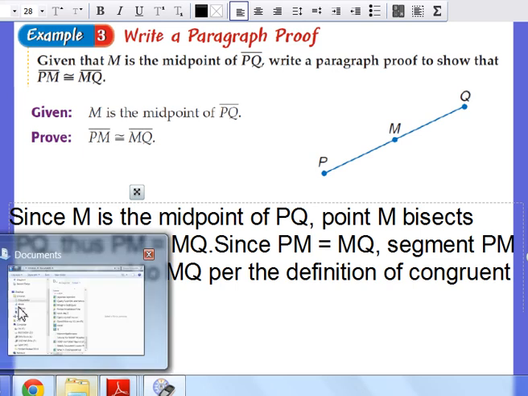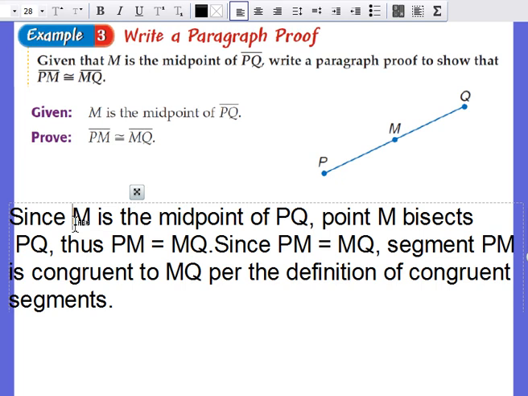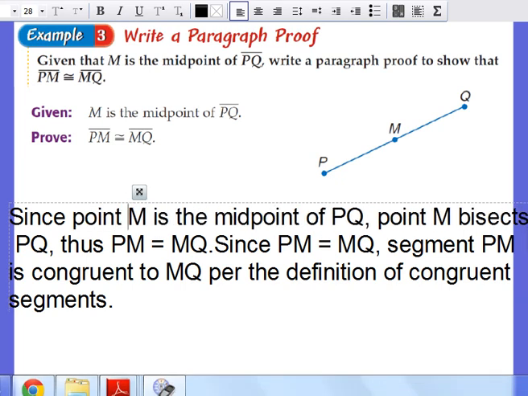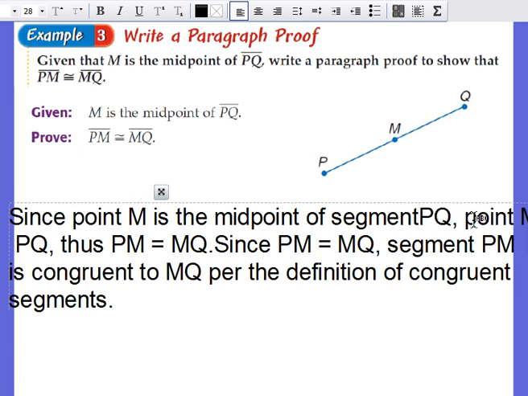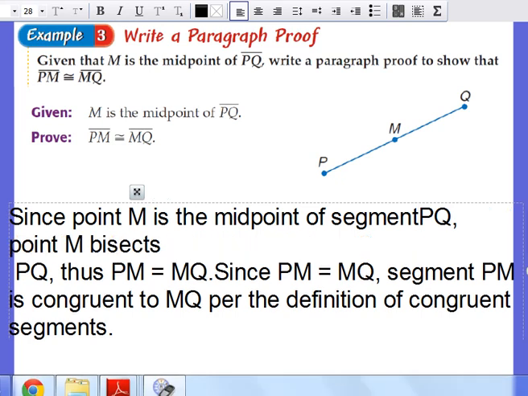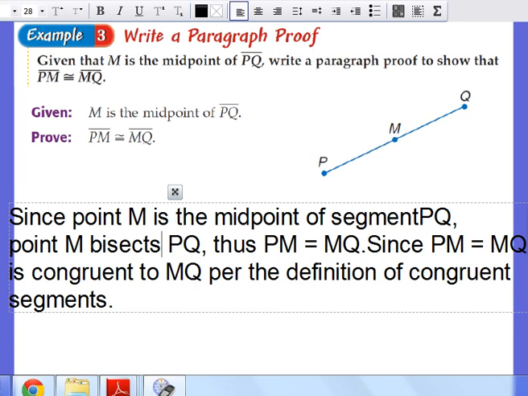So here I was basically saying since point M, and since I'm writing this out, I might as well do it like this. Since point M is the midpoint of segment PQ. Let's just finish this. This is the last example, so we're done. If you understood what I did, you don't have to see this part. I'm just writing it out to make it look neat.